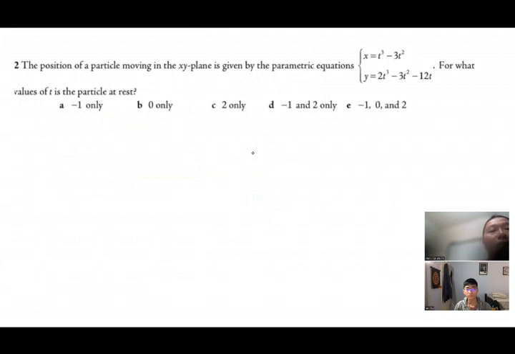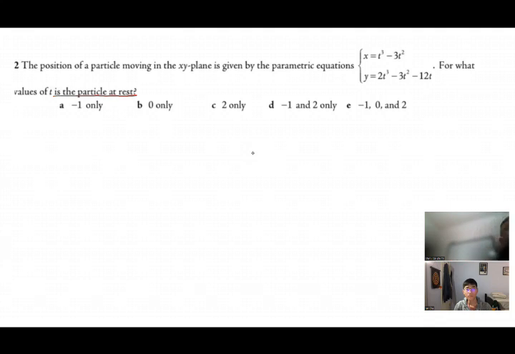For what value of t is the particle at rest? In order to solve this problem, you have to understand the meaning of the particle being at rest. At rest means the velocity equals 0, which means the slope of that curve must be equal to 0.